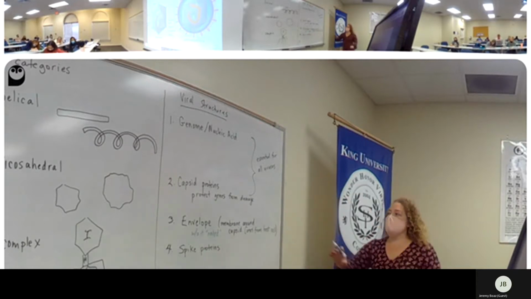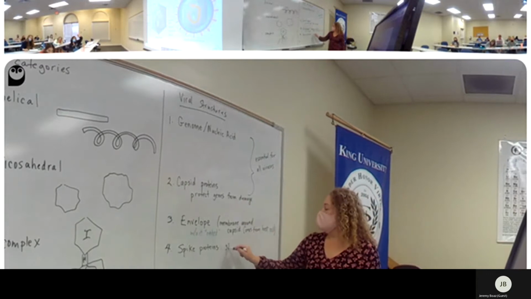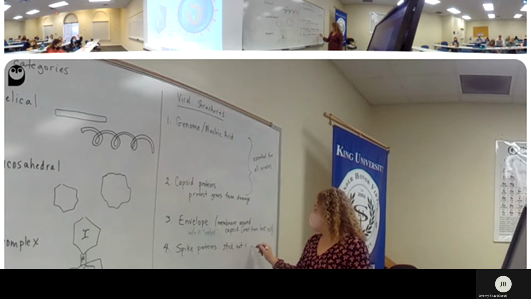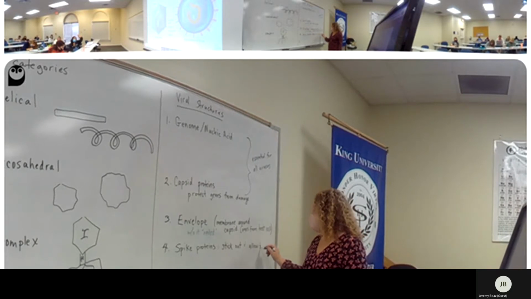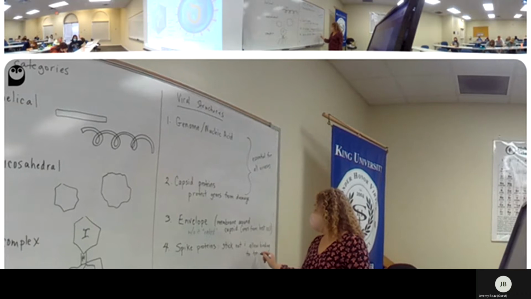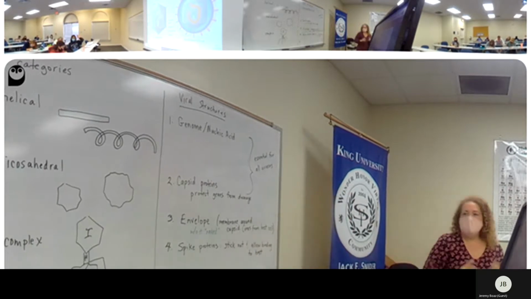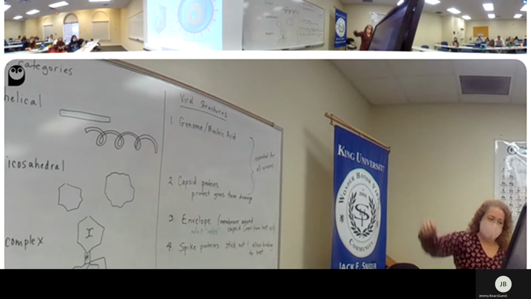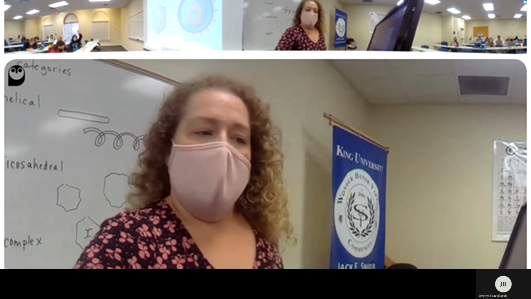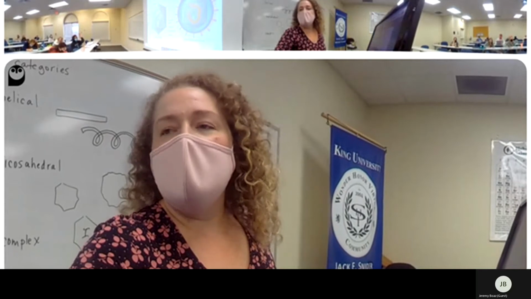Spike proteins aren't to protect your genes. Spike proteins stick out and allow binding to the host. They're going to stick out from the rest of the capsid and kind of be dangling on the outside, and they're going to control binding to the host.